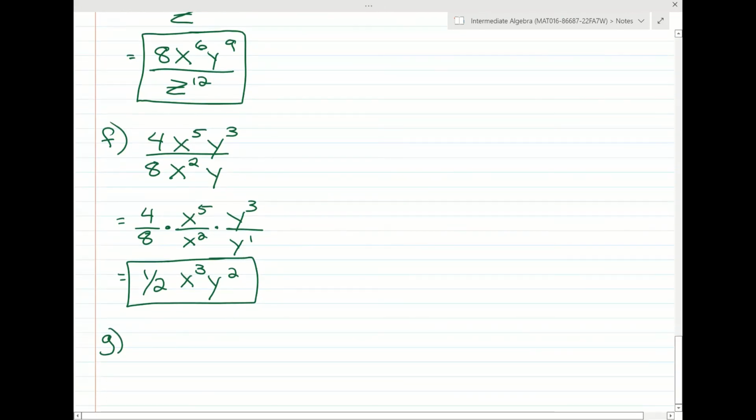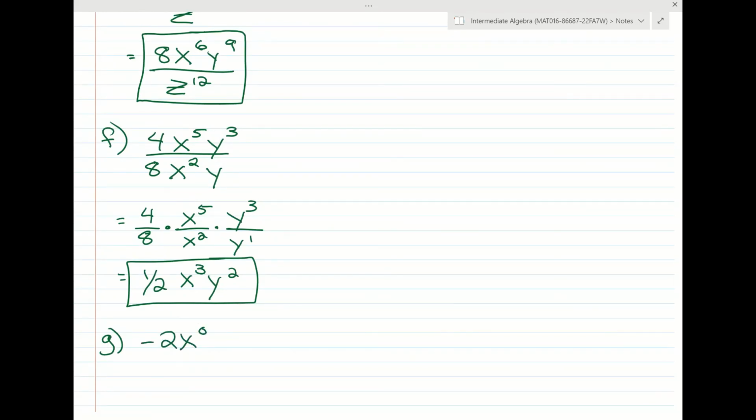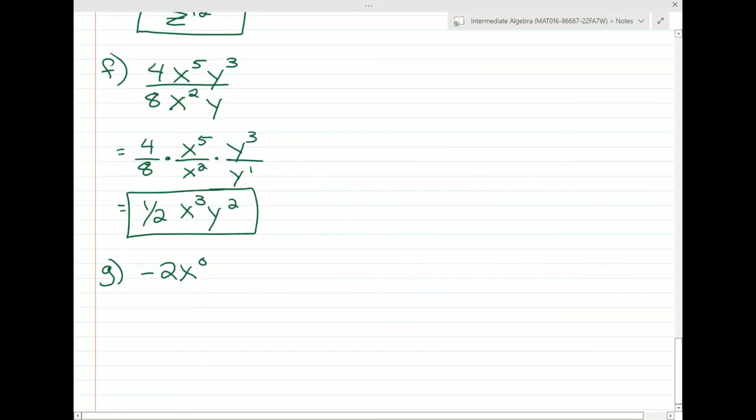More here for this section. Negative 2x to the 0. What did we say anything to the 0 power was? 1, right? So this just turns into 1.